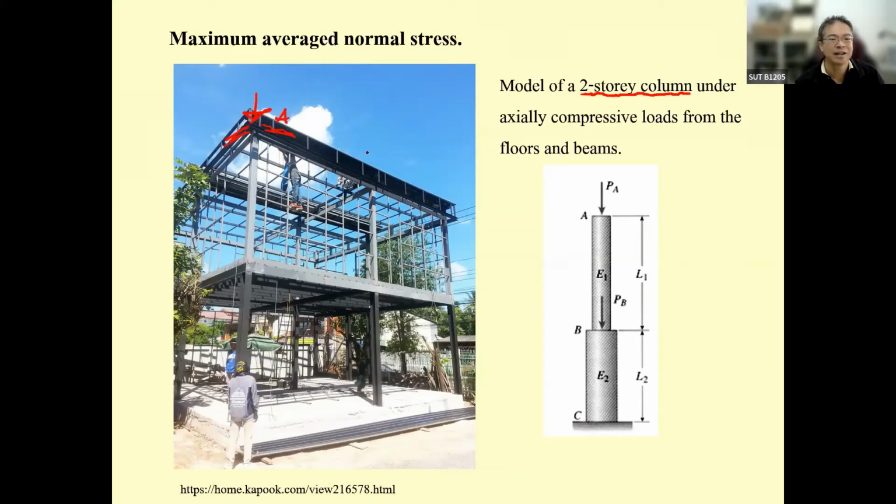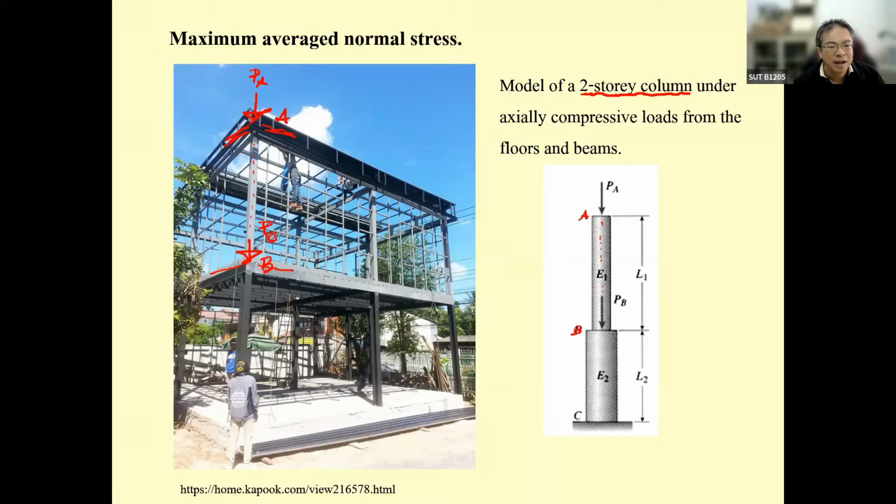Let's say this is point A, and the force over here will be P sub A. And then this column links to point B, and the beam produces the force P sub B applied at point B.